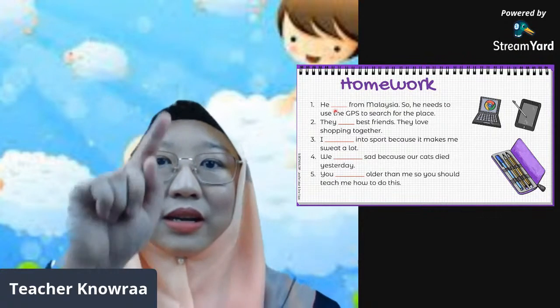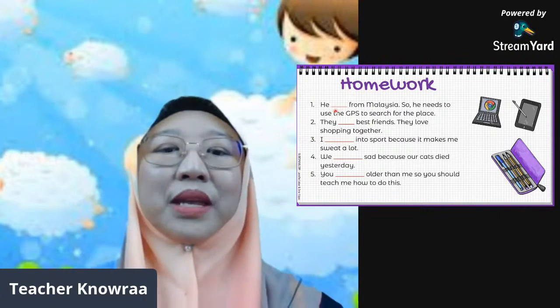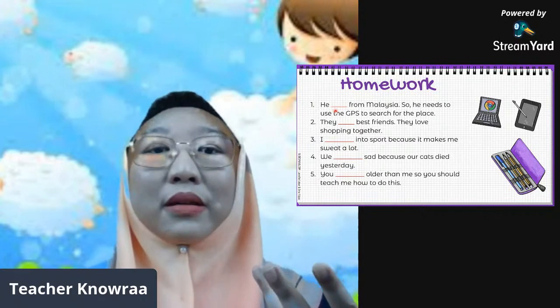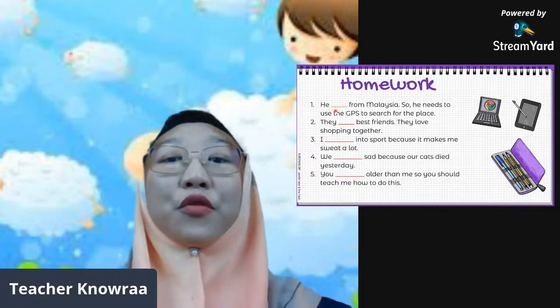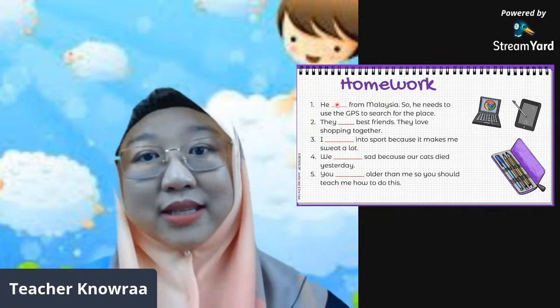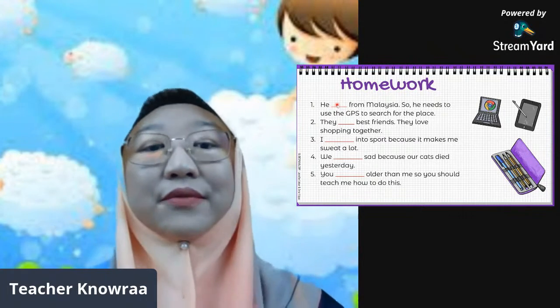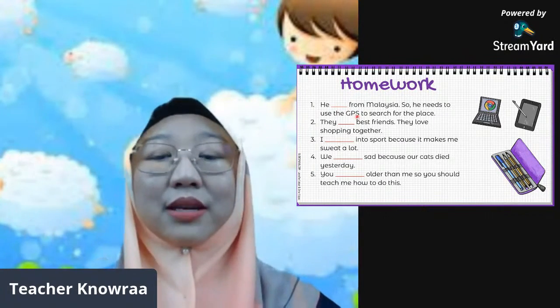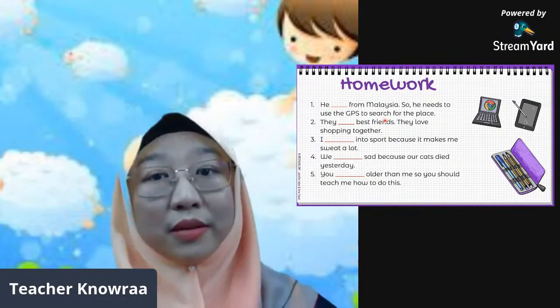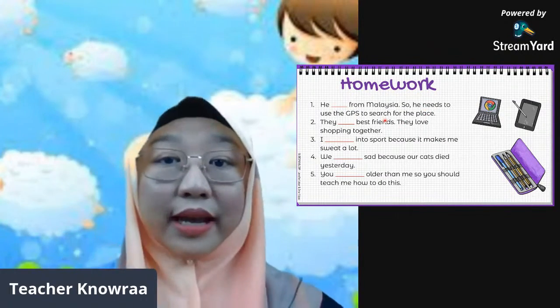Apostrophe S. Koma atas tu dengan S tu. Or, if you think he's not from Malaysia, then you write, he isn't. He isn't from Malaysia. Dia bukan dari Malaysia. So, he needs to use the GPS to search for the place. So, which one? You decide, okay?